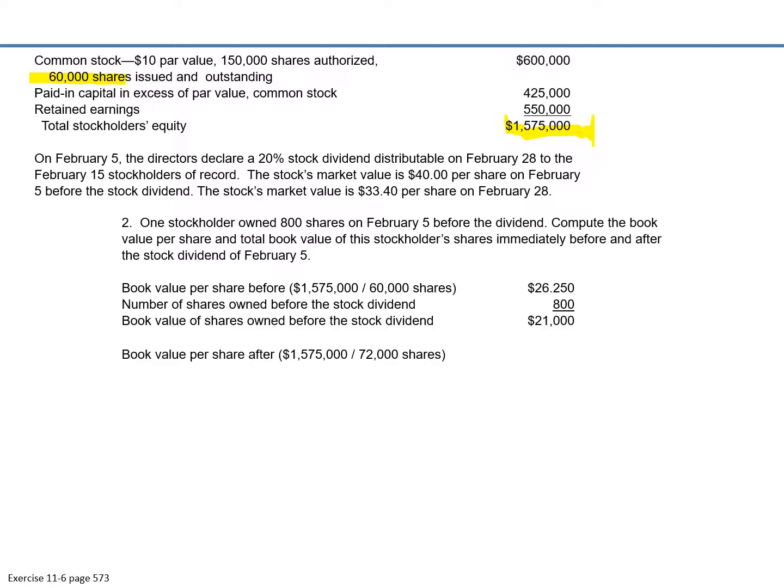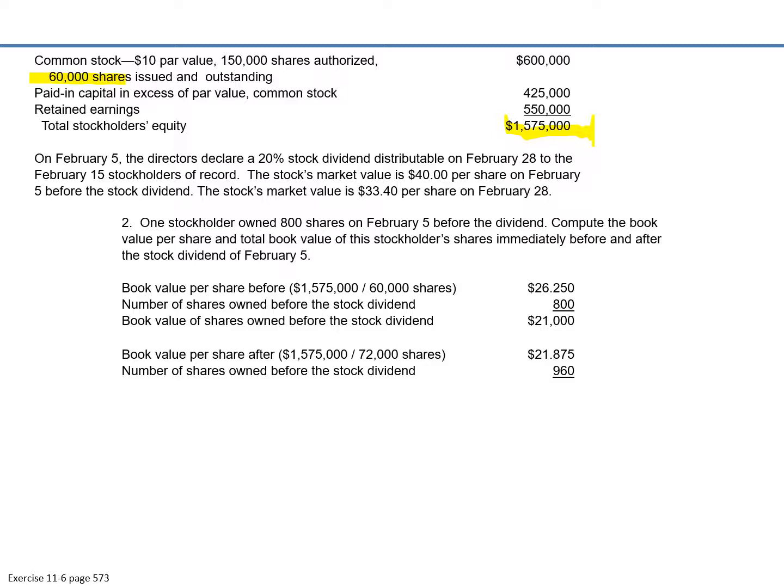The book value after, so we started with 60,000. We issued another 12,000 from the previous slide, so we have 72,000 shares, but our total stockholder equity isn't changing, so our book value after is $21.875. And now he's got 960 shares.